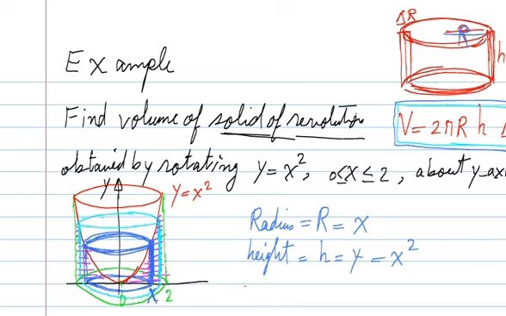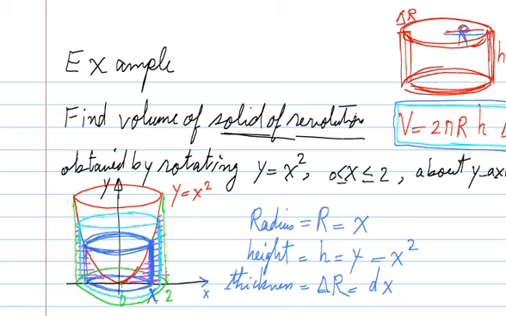What is the thickness? The thickness, which we showed by delta r in our original formula. Remember we are placing these things on the x-axis. This is our x-axis. The thickness here is just dx.